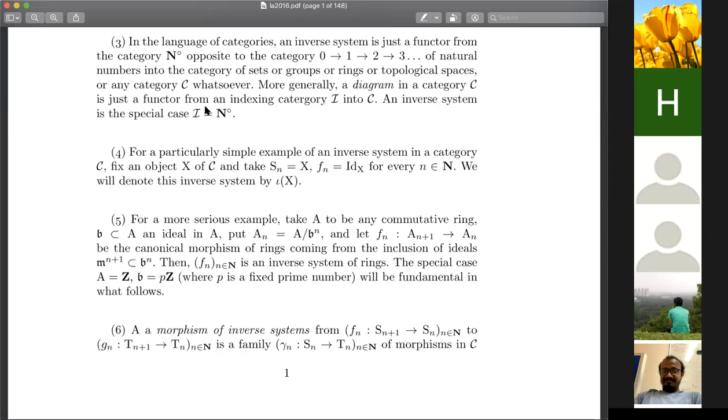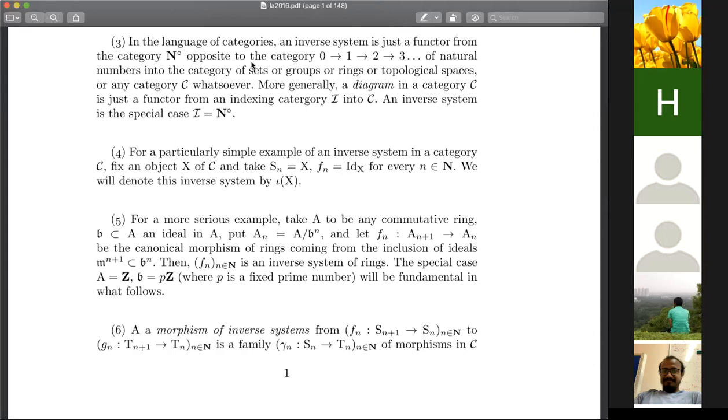And so an inverse system is just a functor from the opposite category of the natural numbers. So what does opposite mean in a category? As I said, a category has objects and morphisms, and the morphisms have a source and a target. If for each morphism, you reverse the source and the target, you interchange them, then you get another category called the opposite category of the given category.